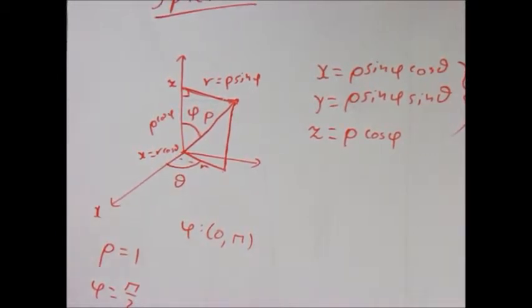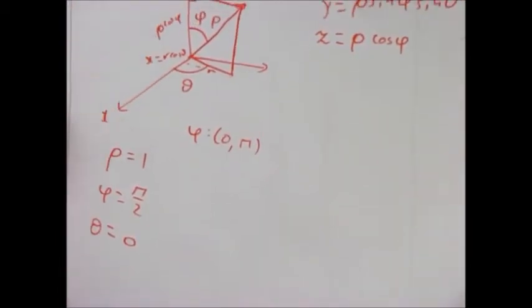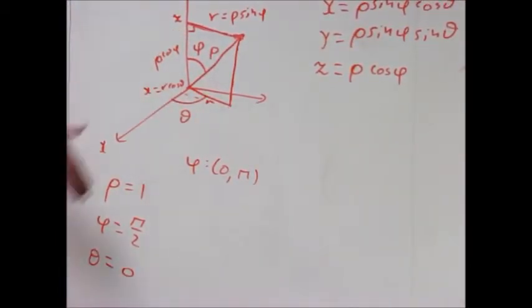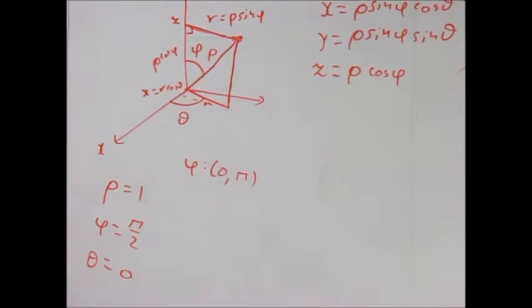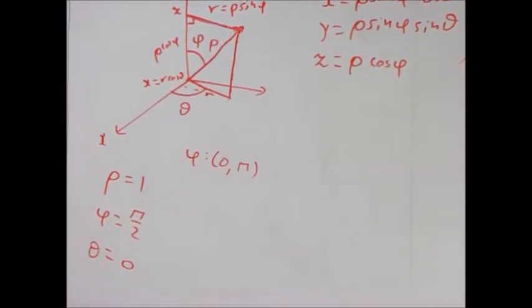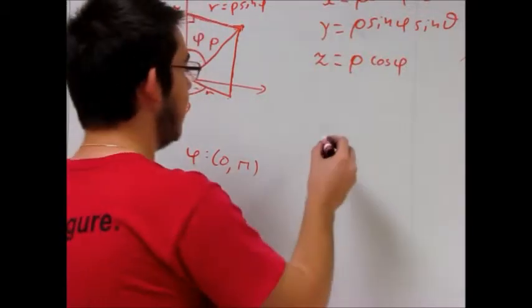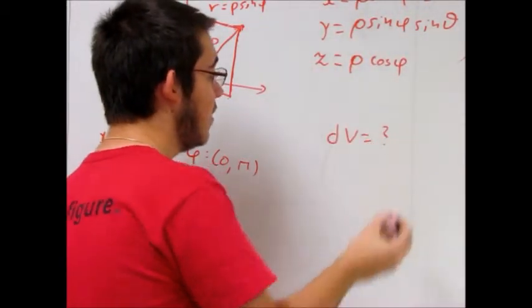Then theta equals constant will give you just the plane coming out, so a vertical plane. And so there are various other things that can be graphed with this coordinate system, and it is also useful for integrating curved surfaces and regions.